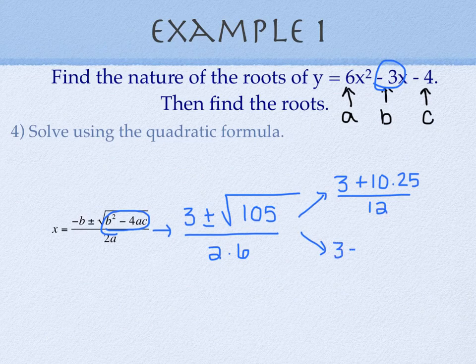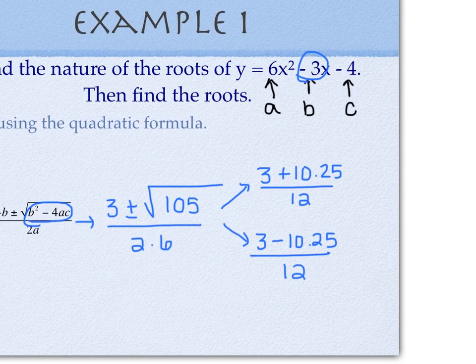And then 3 minus 10.25, also over 12. Slide this over a little bit. I'm going to go ahead and plug this whole thing into my calculator at one time. But of course, when I do that, I'm going to remember that I need parentheses around the top. Okay. So 3 plus 10.25 divided by 12.